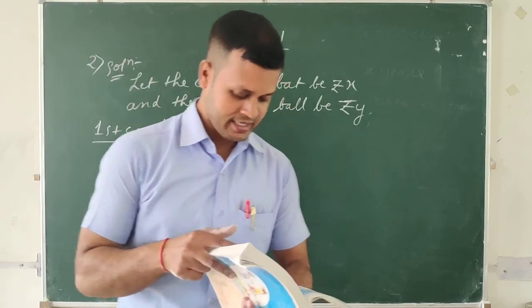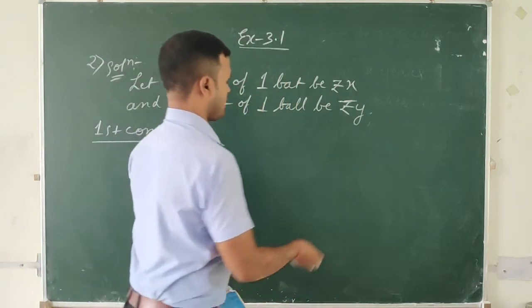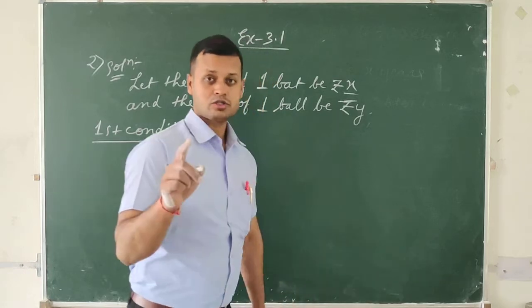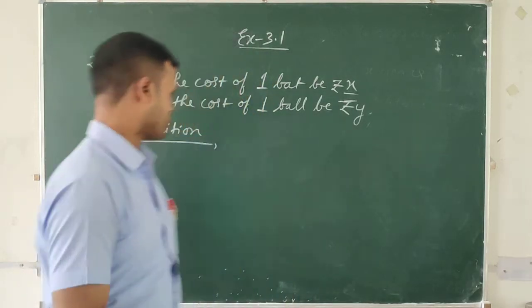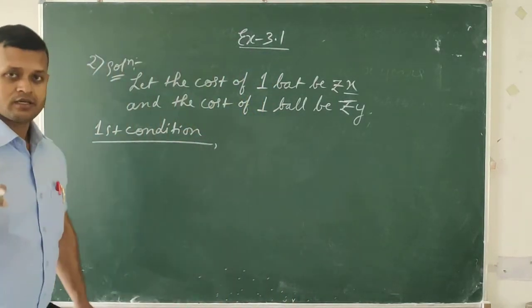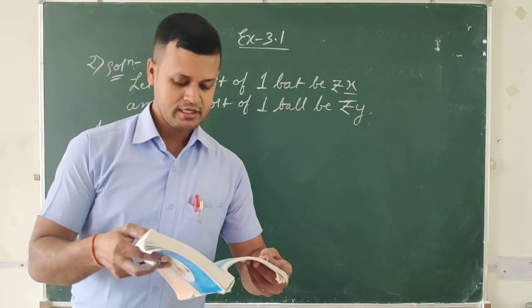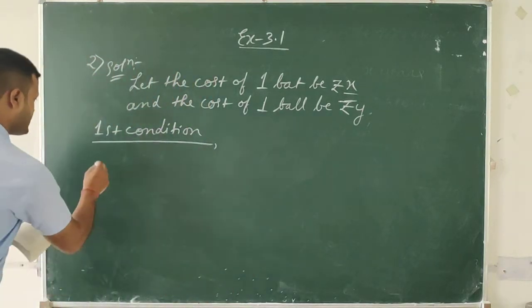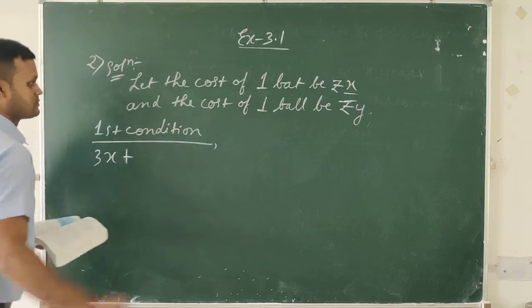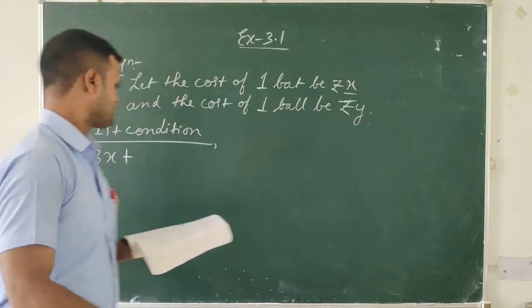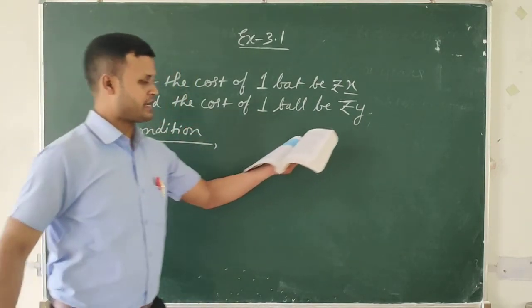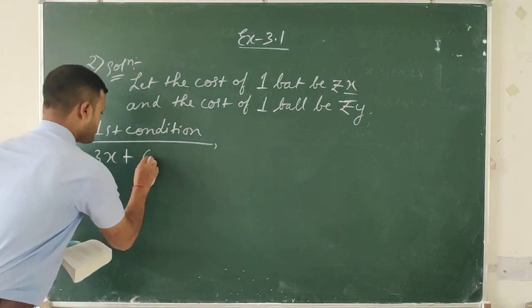If the cost of 1 bat is x, what will be the cost of 3 bats? The coach buys 3 bats, so 3 bats means 3x. And how many balls? 6 balls. 1 ball is rupees y, so 6 balls will be 6y.